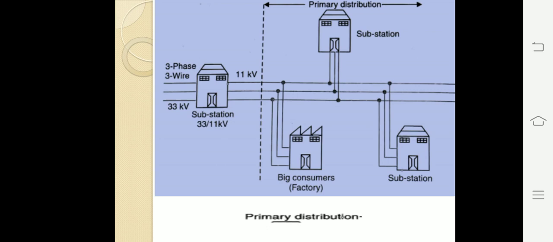For that purpose we supply the electrical energy they need. Sorry, we need to distribute. Here they need 11 kV for industrial purposes. That means they are the big consumers of electrical energy, so we are distributing electrical energy to those big consumers. So here the diagram is the primary distribution.